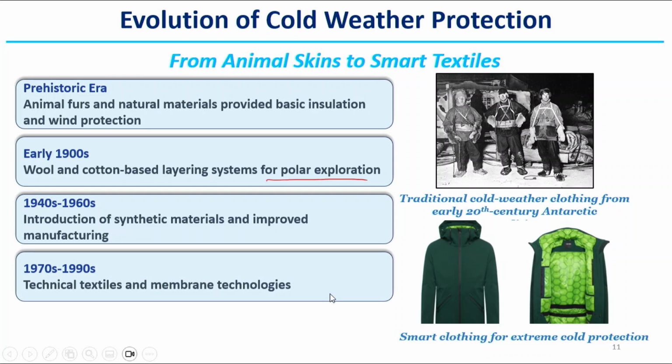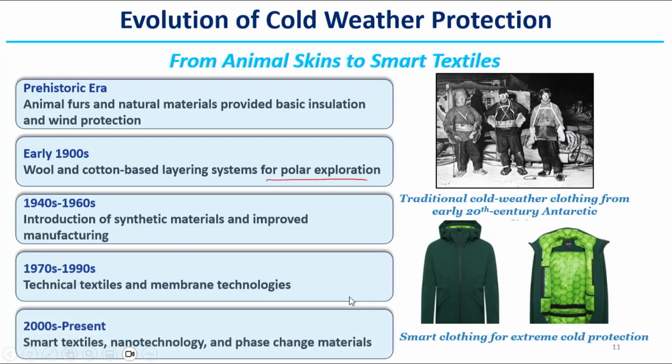Then from the 70s to the 90s, technical textiles emerged and membrane technology was introduced, which improved the protective performance of clothing. And in the last 2.5 decades, smart textiles, nanotechnology and phase change materials have been incorporated within the textile material at different layers. So, these are the different stages in the evolution of extreme cold protective clothing.